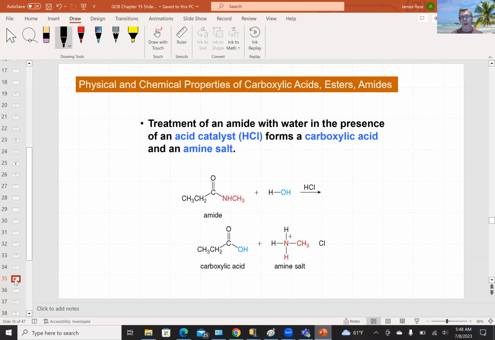But we have an amide, so here it's a secondary amide. That nitrogen, the red nitrogen at the top left, has two carbons attached to it, the methyl group and the carbonyl itself. We can add water to that to generate our carboxylic acid, and we form an amine salt, which would be soluble in water.